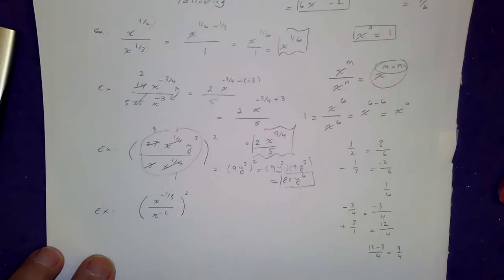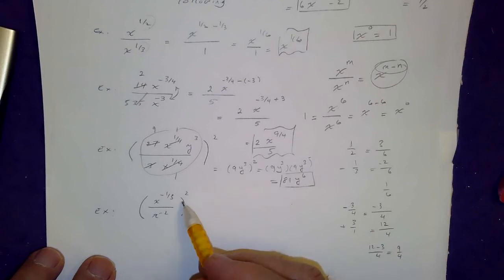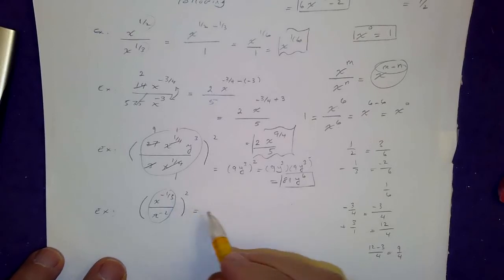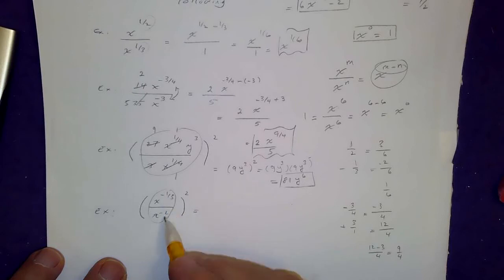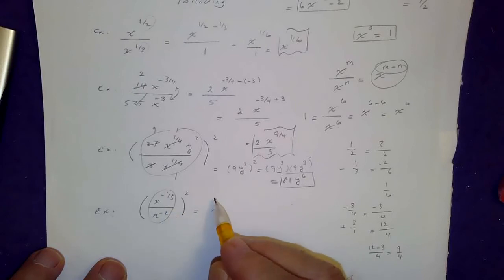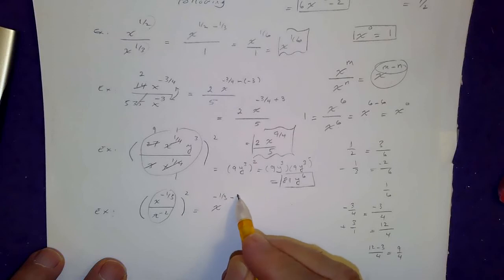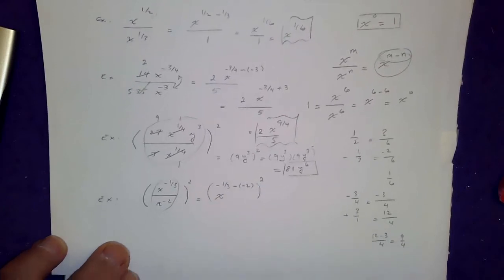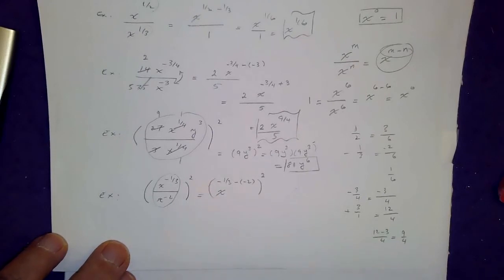Finally, we got this guy right here. First thing I do is what? So right now it doesn't matter. Either you distribute the 2 or simplify this guy and then later raise the final answer to the power of 2. How about if we simplify? How about if we divide this guy by this? That would be x to the power of negative 1/3 minus 2, and don't forget I have to raise the answer to the power of 2.